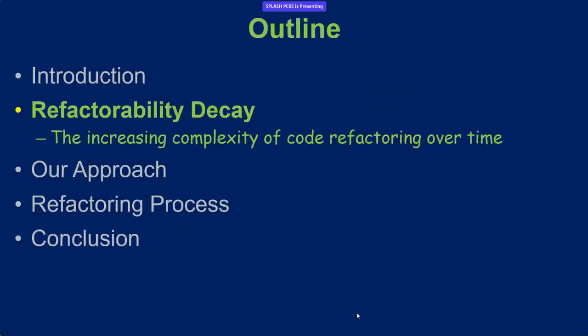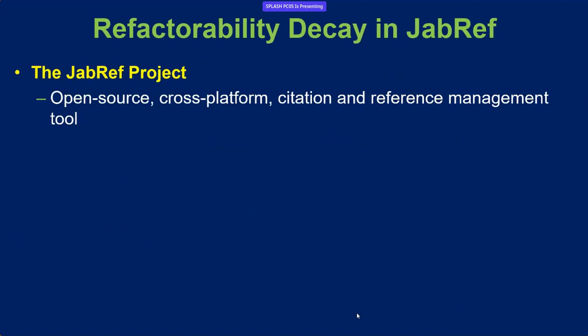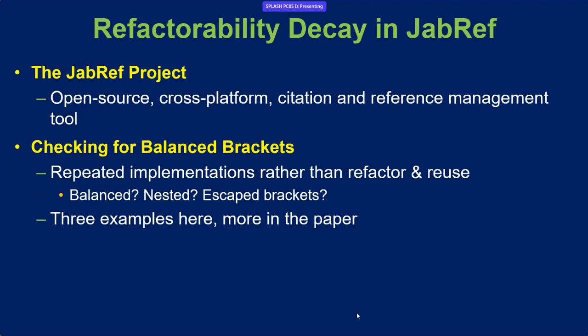Next, I want to show you examples of refactorability decay found in the JabRef open source project. This project deals with citations and references management, and therefore, in many places in the project, they need to check for balanced brackets.